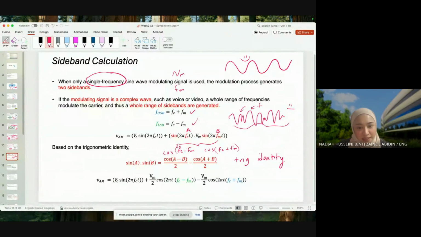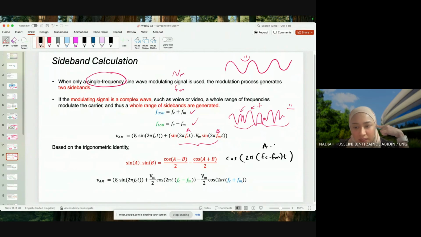Obviously I need to have the 2 pi t thing, but we simplified. Minus in here, and then this is going to be divided by 2. If I were to rewrite this properly, so as not to confuse you, let me write this again. This is going to be cosine 2 pi, FC minus FM, t.